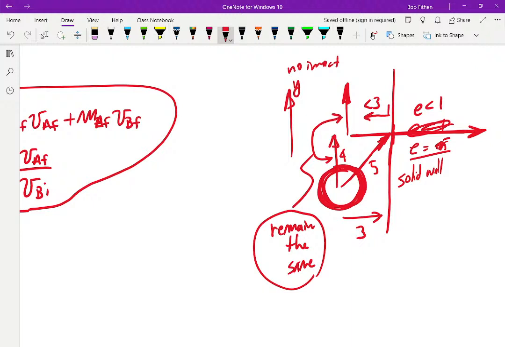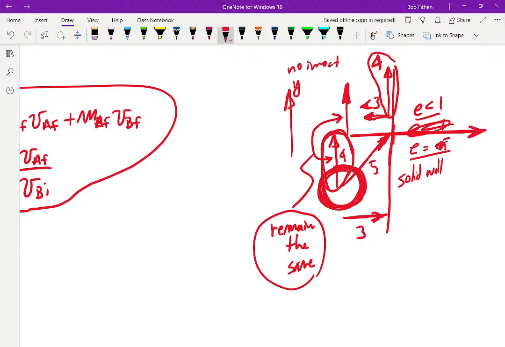But this book will say this is maintained, and that's pretty legal for the most part. So the value of the velocity previous to impact, not along the impact, and the value leaving the impact will be the same. Now, if you have a coefficient of restitution less than 1, you hit the wall with 3, you're going to come off the wall with a little bit less than 3.